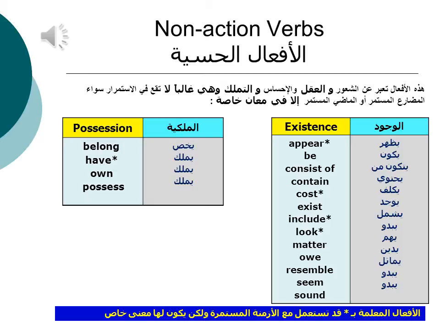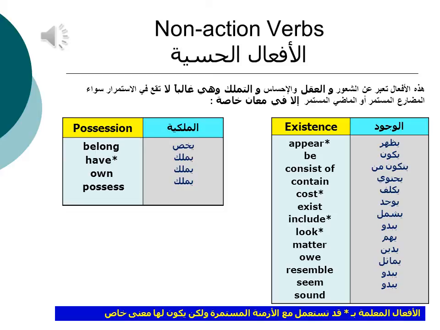The first column refers to non-action verbs that show possession. Verbs like belong, have, own, possess. The second column refers to non-action verbs that show existence.